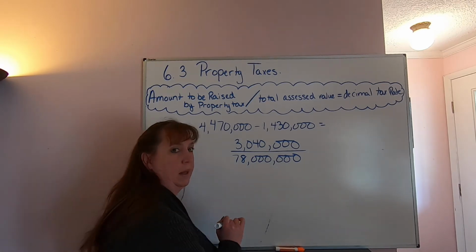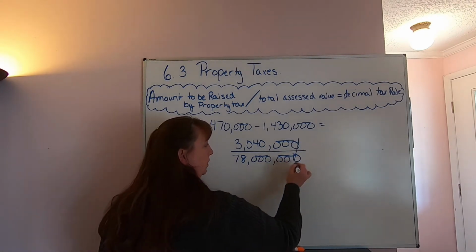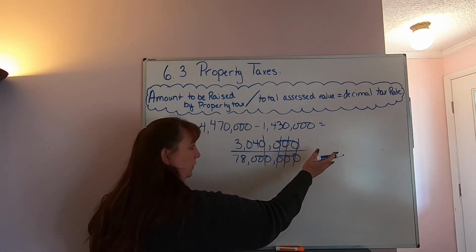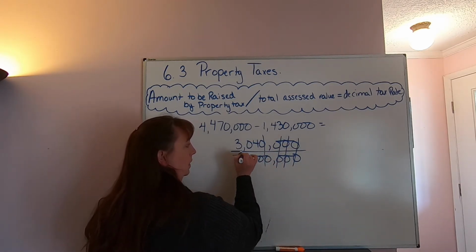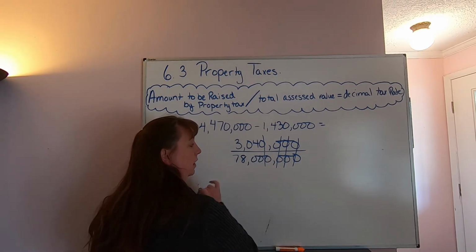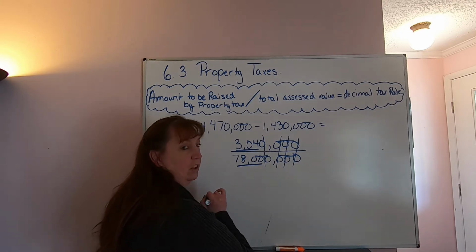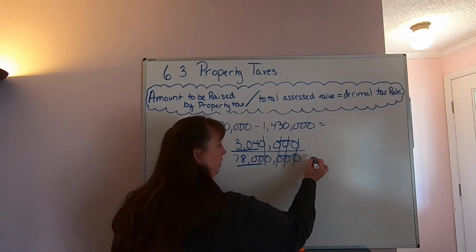Did you guys know, by the way, that you could cross out these zeros? When you divide those out, they're going to get rid of each other, and you just take the 304 and divide it by 7,800. It may make your life easier when you're putting it into the calculator.